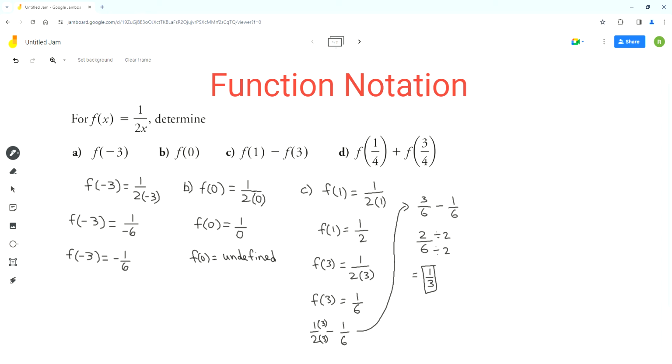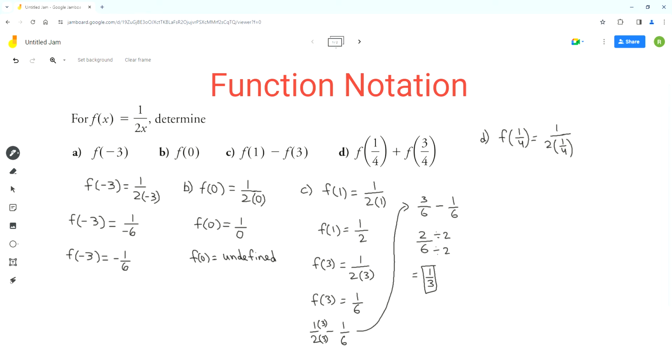So now we can do part D. In part D, we have to add f at 1 over 4 and f at 3 over 4. So first, let's find their values individually. So we start with f at 1 over 4. So we sub in x as 1 over 4 in the given function. So 1 over 2 times 1 over 4.